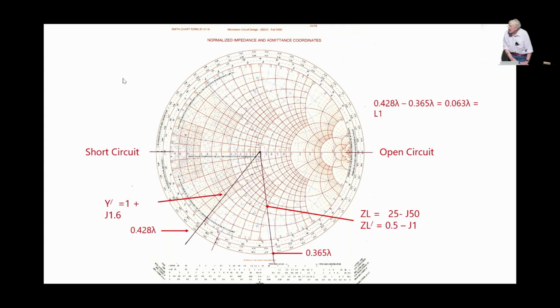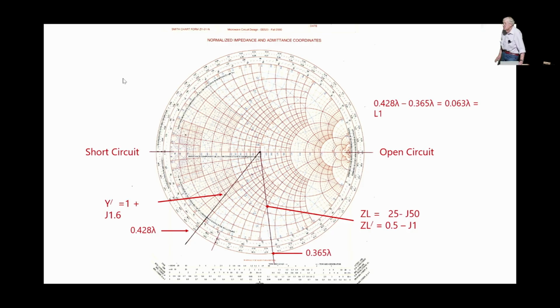So there's the values. And on the scale there, we're 0.365 lambda, and then we end up at 0.428 lambda. So you've got to subtract those to get the actual length required. We started at the impedance that we have, and we rotated until we met the admittance equals one line or circle.